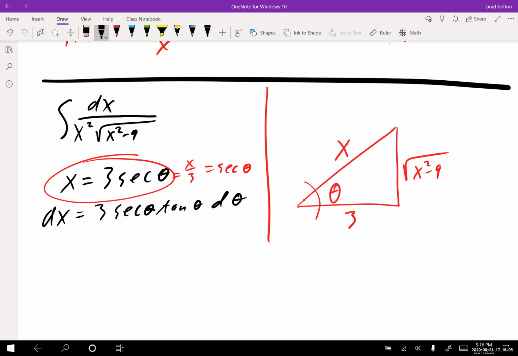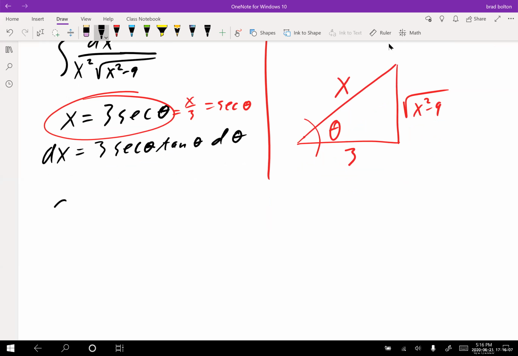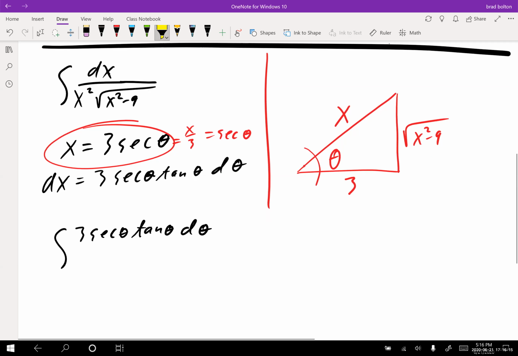So now we're going to plug in what we know. So we know that dx is worth 3 secant theta tan theta d theta. Now, once again, you guys, where did I get this from? I got that from right here. This dx is worth this, right? Because I said that a dx is worth 3 secant theta tan theta d theta.